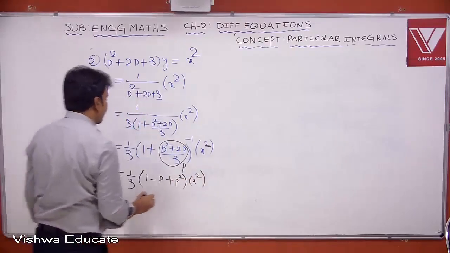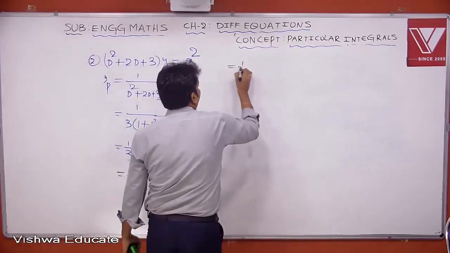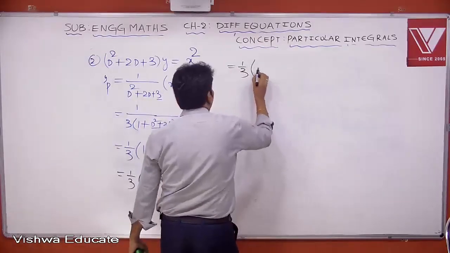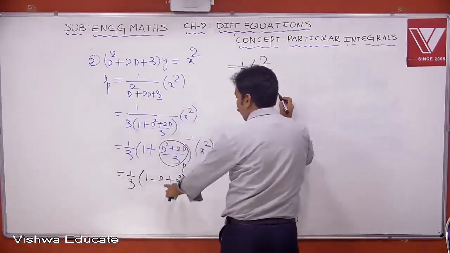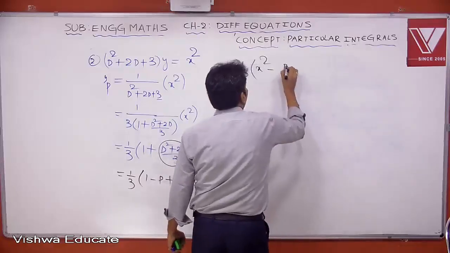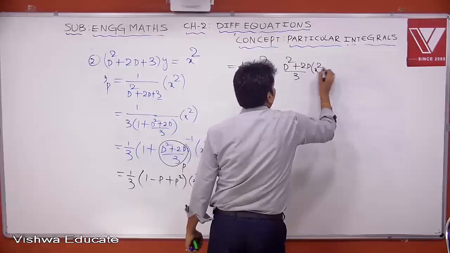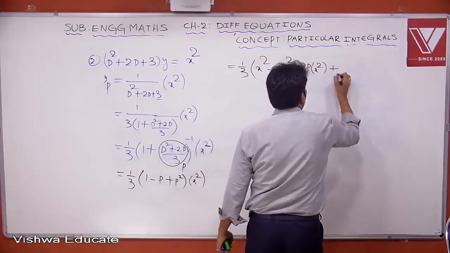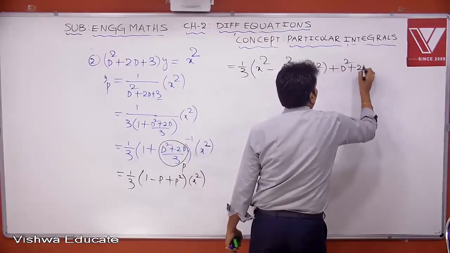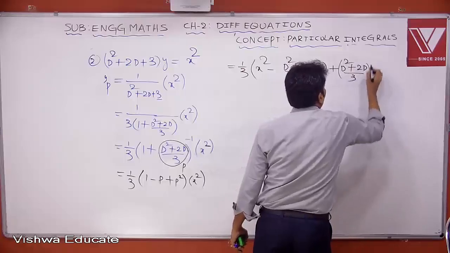Now therefore this is 1 by 3 into 1 into this x square minus, actually what is p? (D square plus 2D) by 3 of x square, plus ((D square plus 2D) by 3) whole square of x square.